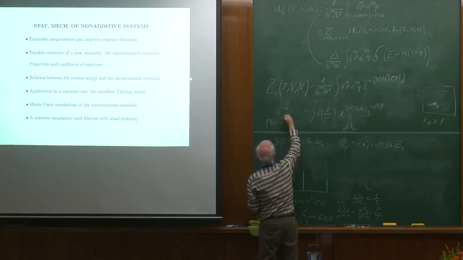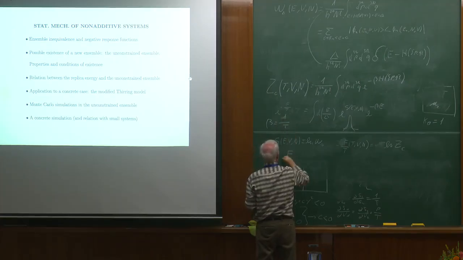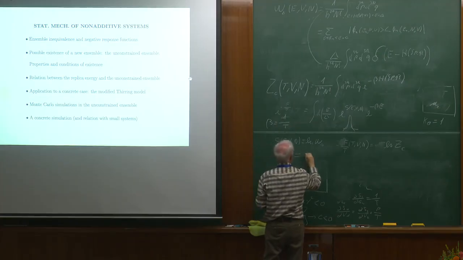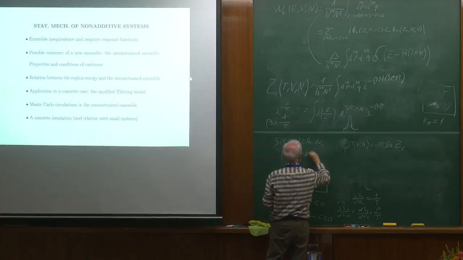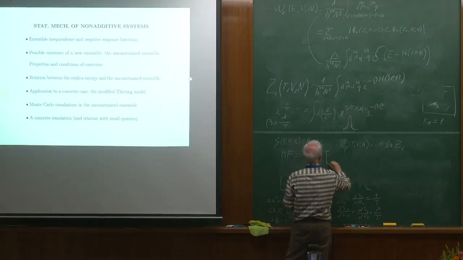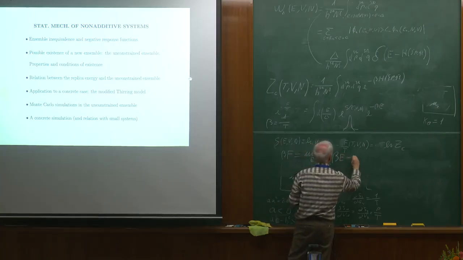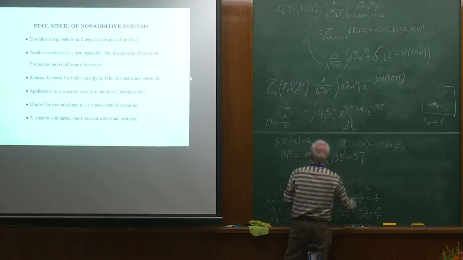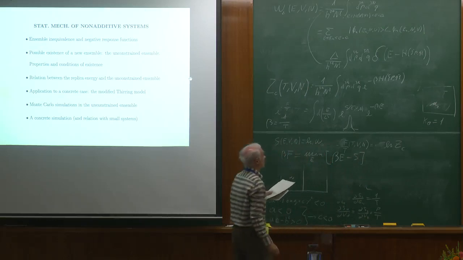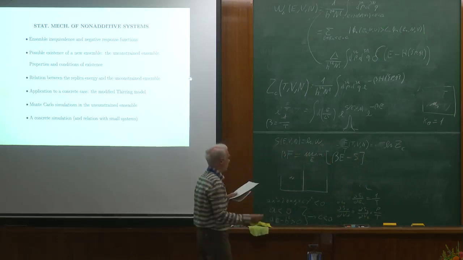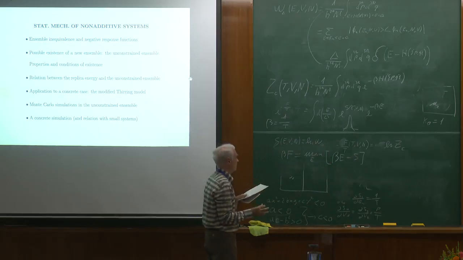1 over T. If you apply this to this integral, you take the minimum with respect to E of this. You see the difference with what I was saying, that we need to take a slight generalization of the Legendre transform.